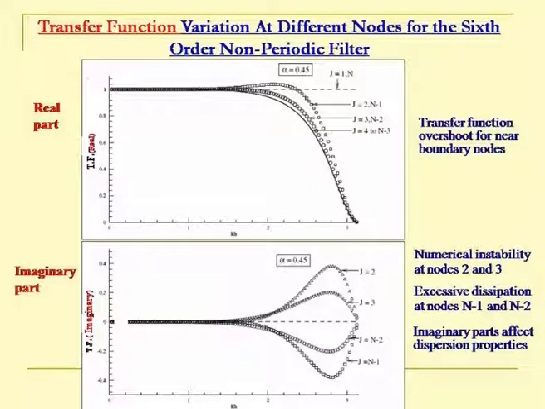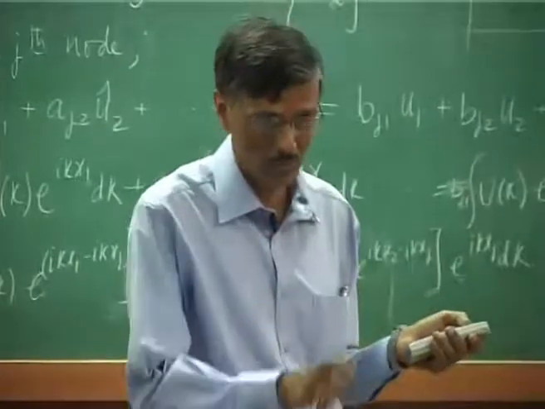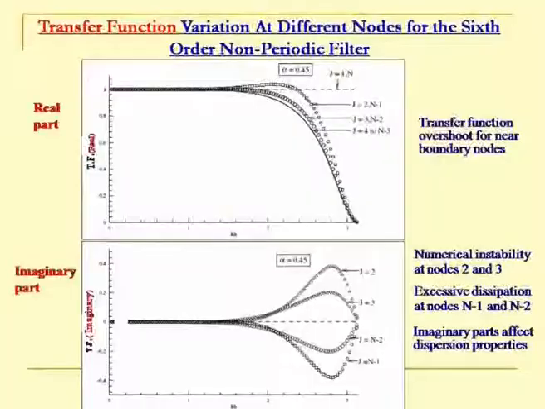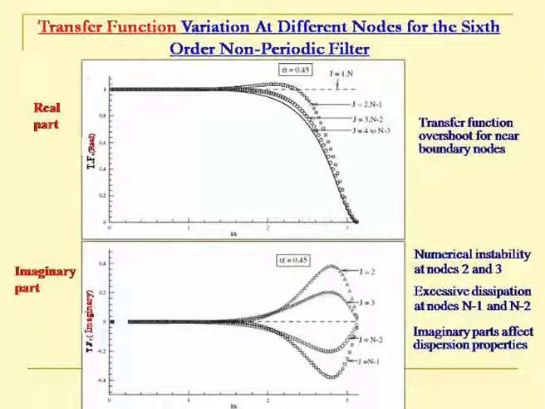We have shown you here the transfer function, the real and imaginary part, with a one-sided filter, and you notice that for j equal to 1 and n, we do not alter the function, because of the boundary condition, we do not want to alter. So, that is why we have just shown here an imaginary line at 1. That means at 1 and n, we do not interfere, but at 2 and n minus 1, what happens?